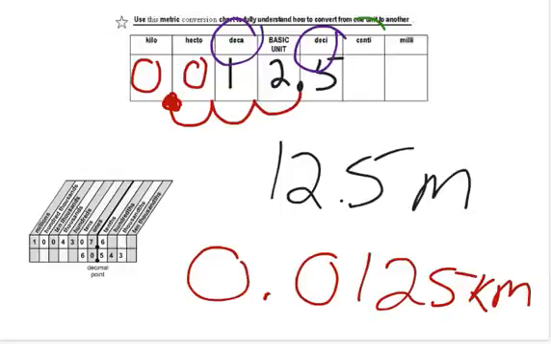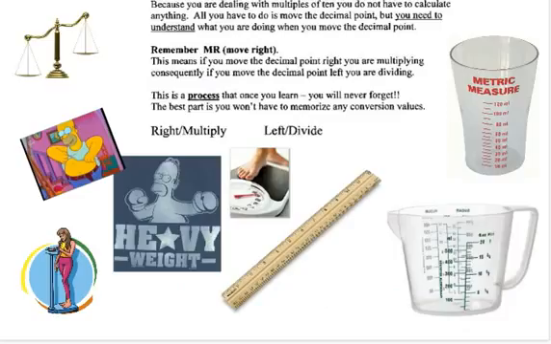Try to remember also the thing about the vocabulary words that will help. Deci is 10 times less, deca 10 times more, centi 100 times less, milli 1,000 times less, and kilo is 1,000 times bigger.